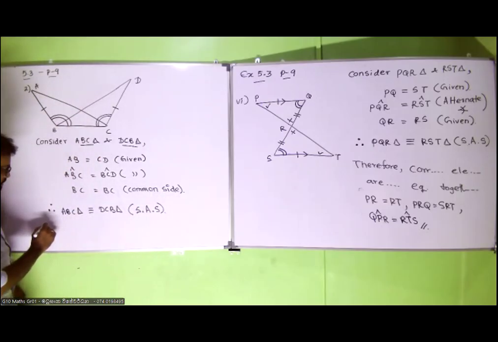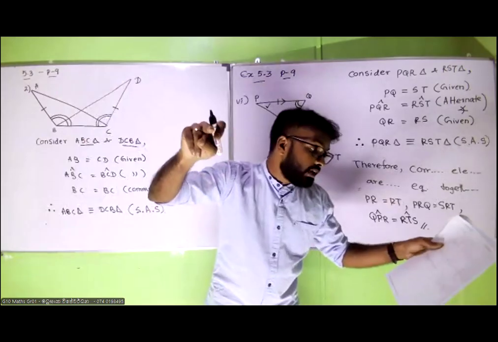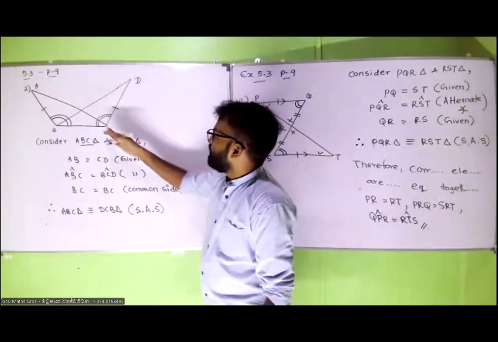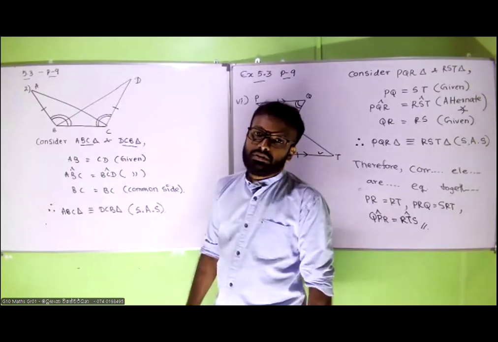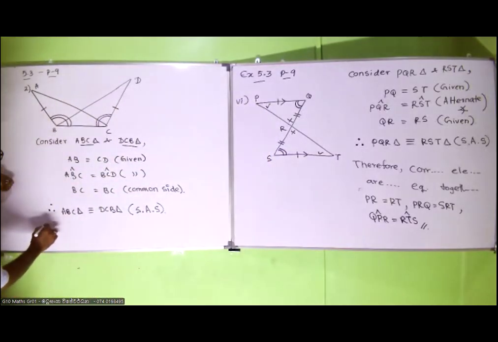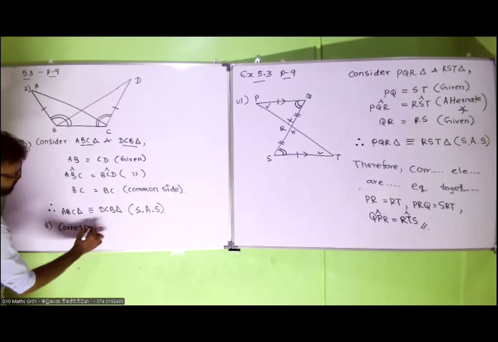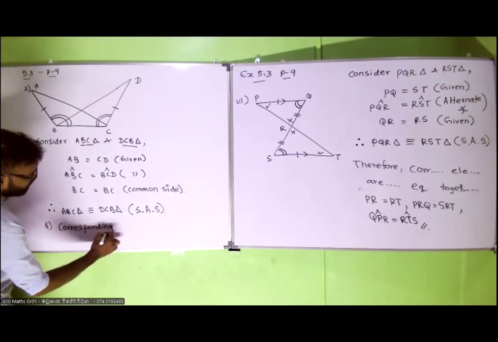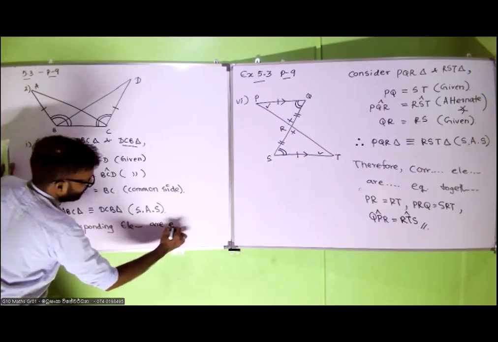So you can write that, and in the second question they are asking to show or prove that AC equals BD. AC equals BD since corresponding elements of congruent triangles are equal.